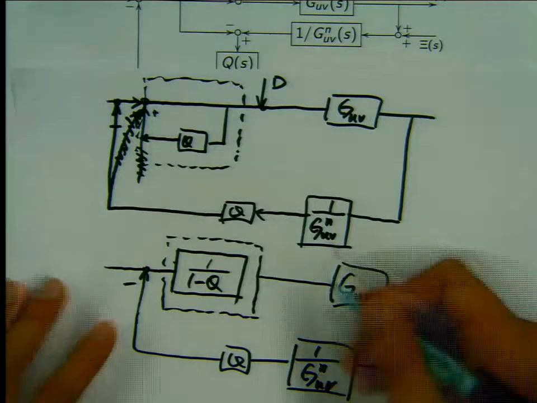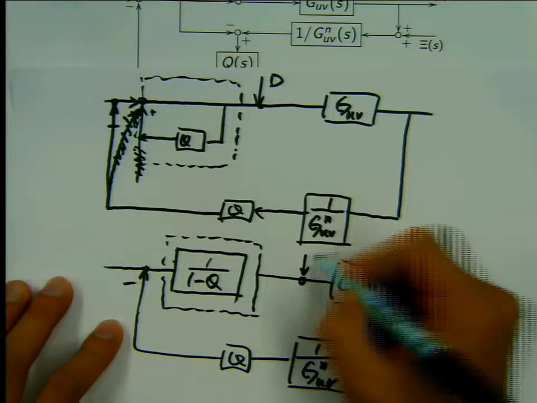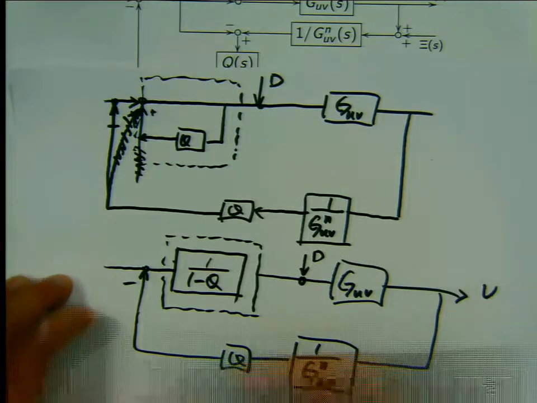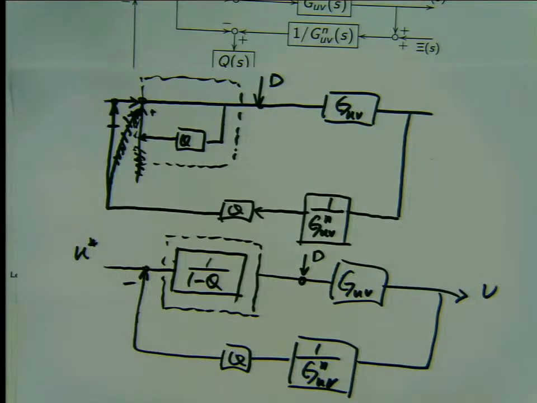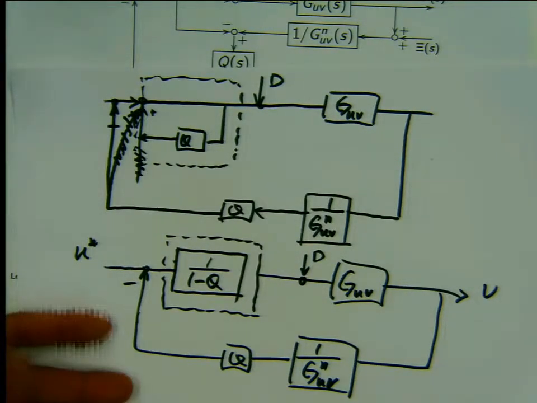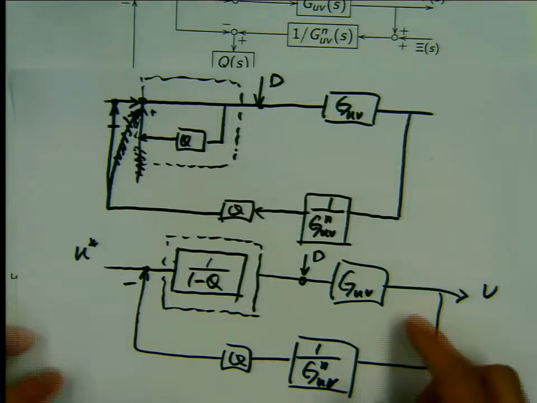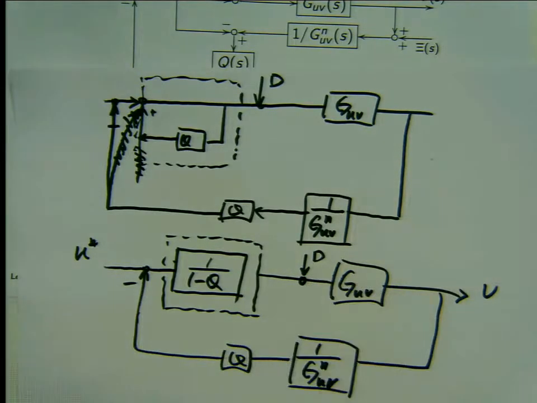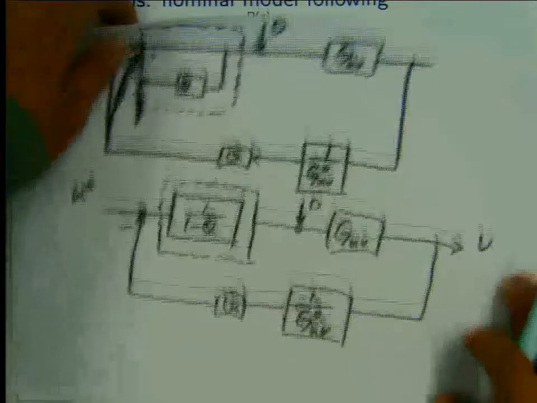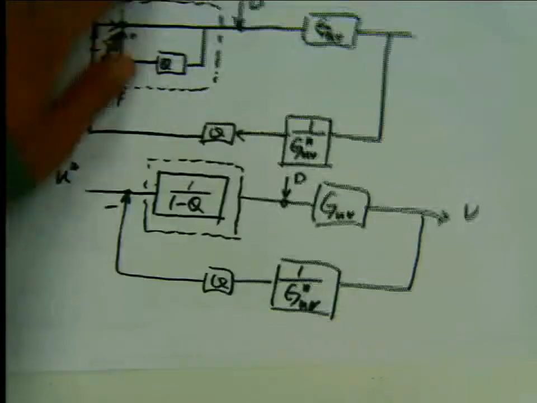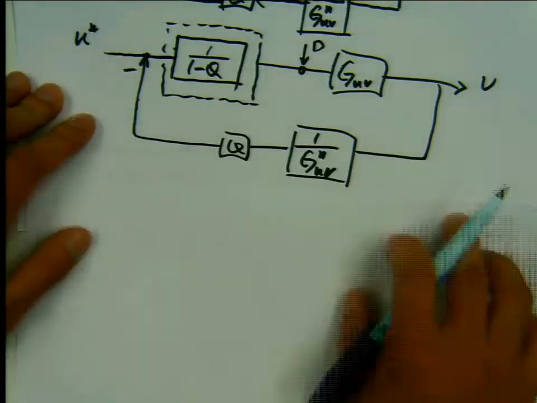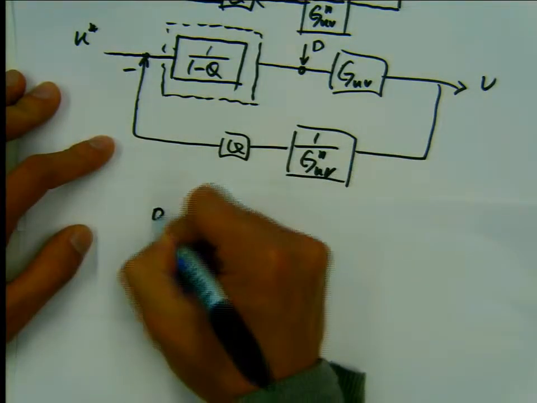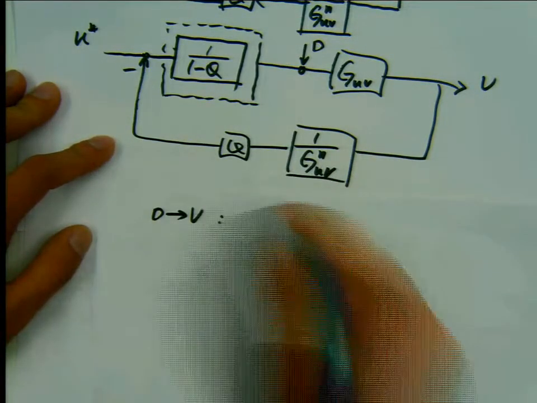And we have the disturbance going into here, d. This is v. This is u star. With this, you can very easily derive the transfer function between d and v. What would that be? The transfer function between d and v over here.